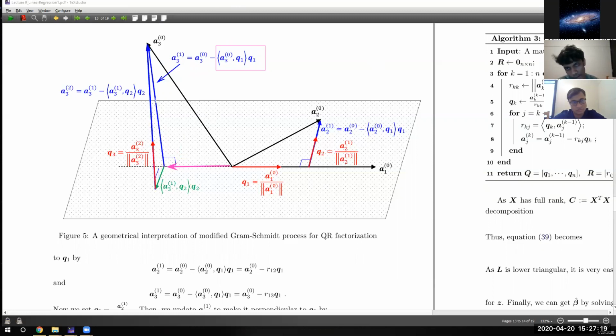See it? This is the shadow of a30 onto q1. And this one minus its shadow. So a31 equals to this vector, okay? And now I set q2 equals to a21 over its norm. So I have already had q1 and q2. Then I go to iteration number 2.